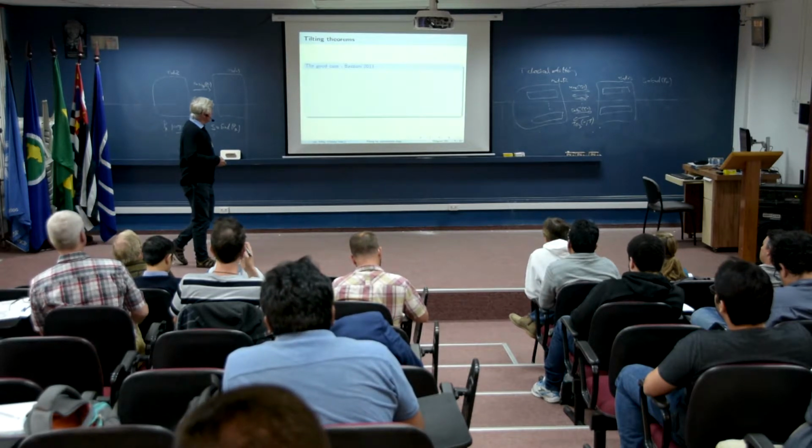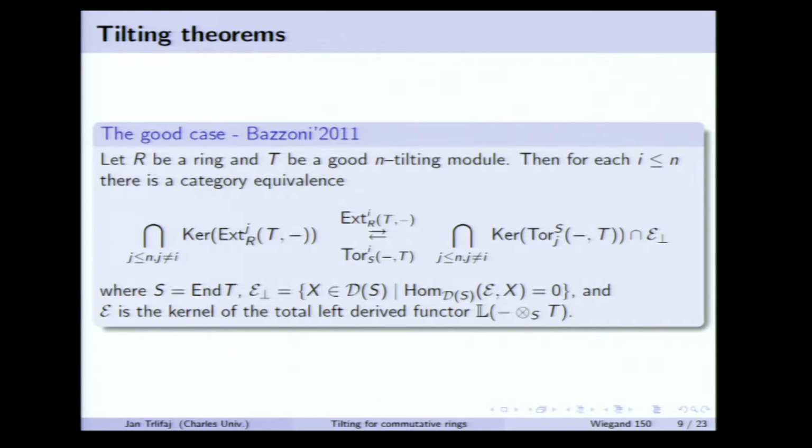Now there's a version of this theorem by Bazzoni, Montes and Tonolo, which tries to generalize this to good tilting modules. And it works to some extent, except that now the left classes are okay, but for the right classes you have to make them smaller by intersecting them with kernels of certain functors.